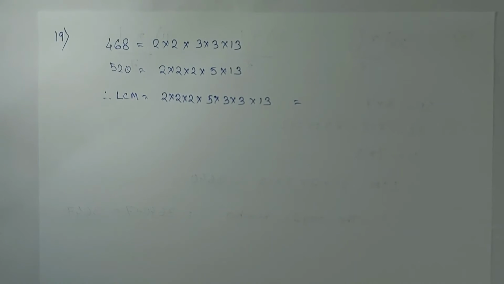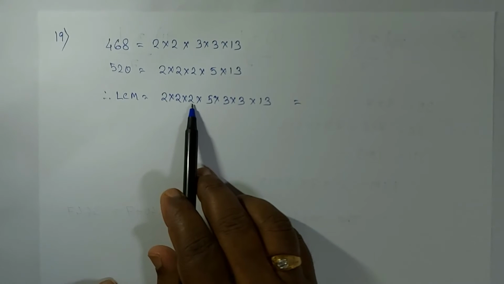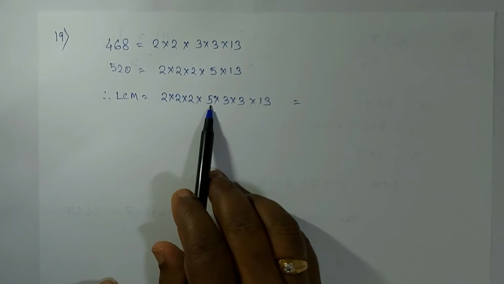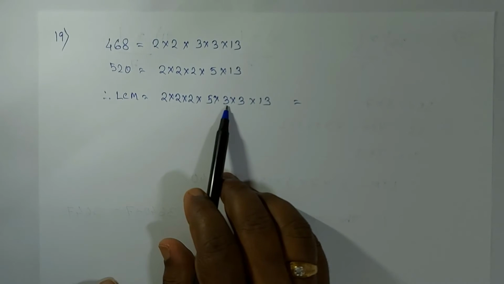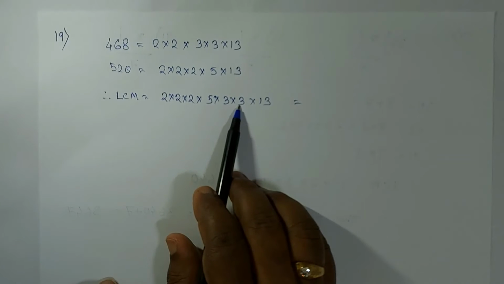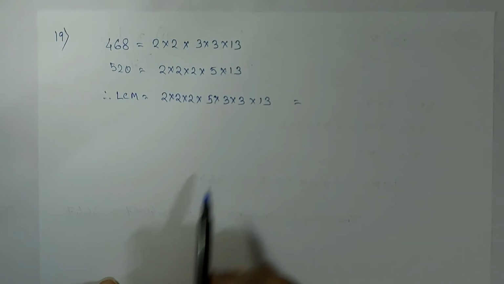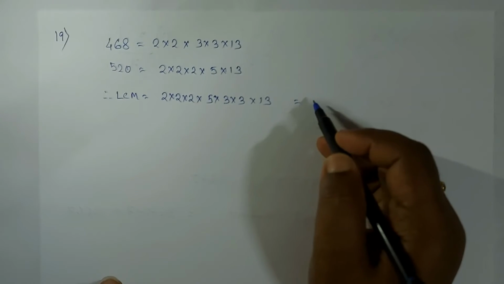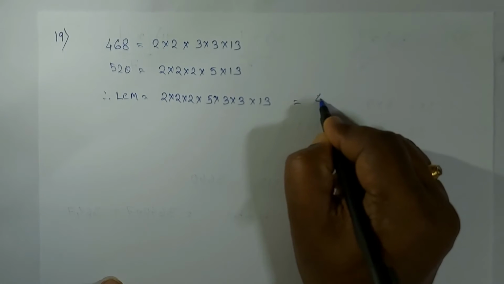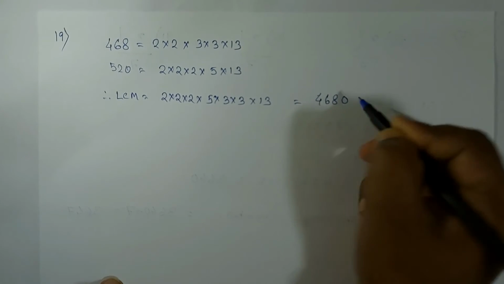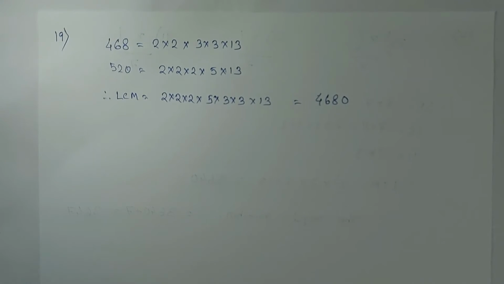So let's multiply this. 2 into 2 into 2 is 8. 8 into 5 is 40. Now 40 into 3 square, that means 9, is 360. 360 into 13 is 4680. Okay, so this is the LCM.